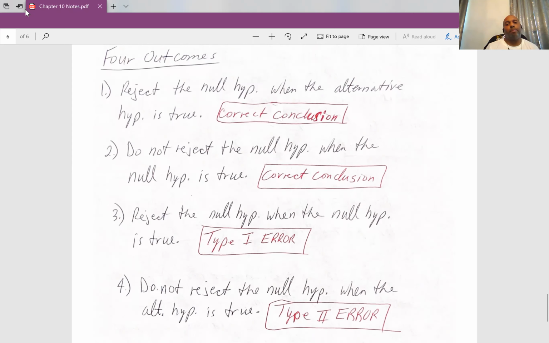Do not reject the null hypothesis when the null hypothesis is true. Once again, a correct conclusion. Notice the third one: reject the null hypothesis when the null hypothesis is true. That's a type 1 error because you don't want to reject the null if the null is true. And do not reject the null hypothesis when the alternative hypothesis is true. Once again, that's an error, but that will be considered a type 2 error. So I'll give you a chance to copy those down.